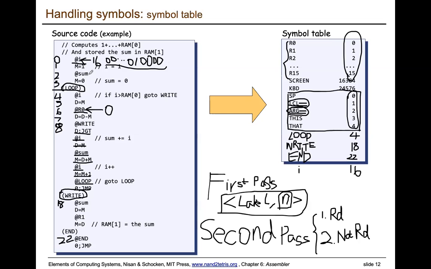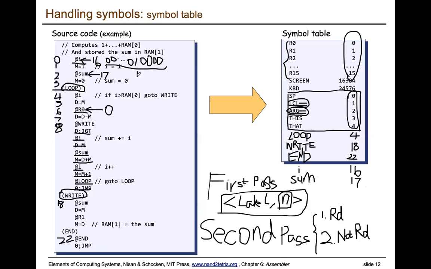Similarly, if I move to summation here, the summation is not recorded in the symbol table. So I will create summation in the symbol table and put 17 as its address, because this is the first available address. When I write it, I will replace it by 17.